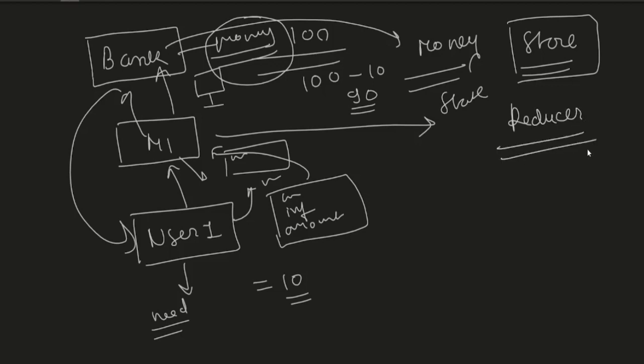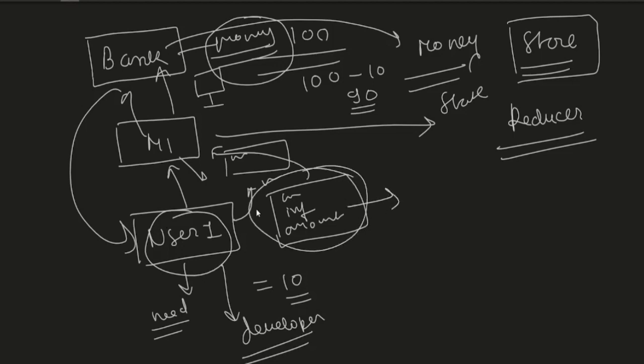Now what is the purpose of this user over here? User means us, the developer. Now what is the use of this? Let's understand that. This is the reducer, which was able to change the state, to change the money in the store.